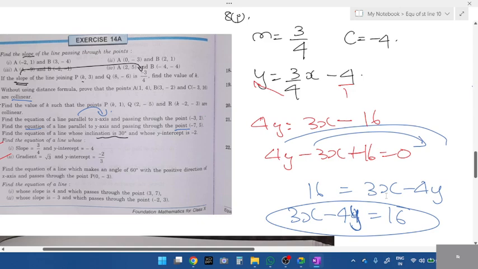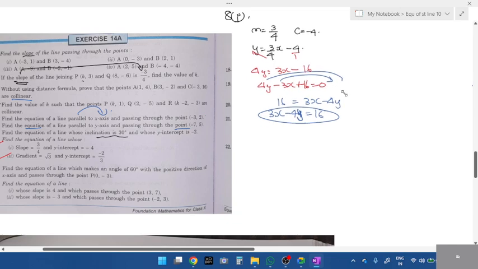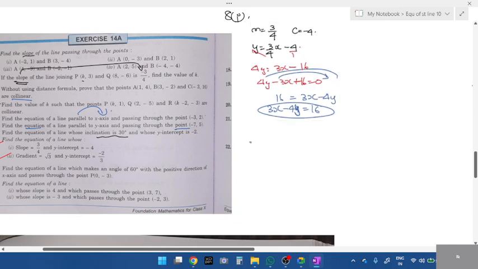Gradient is also known as slope. Slope, gradient, m, the meaning is the same. Second one, completed. Okay. Gradient is also known as slope, students. m is equal to root 3. Y-intercept, c is equal to minus 2 by 3.